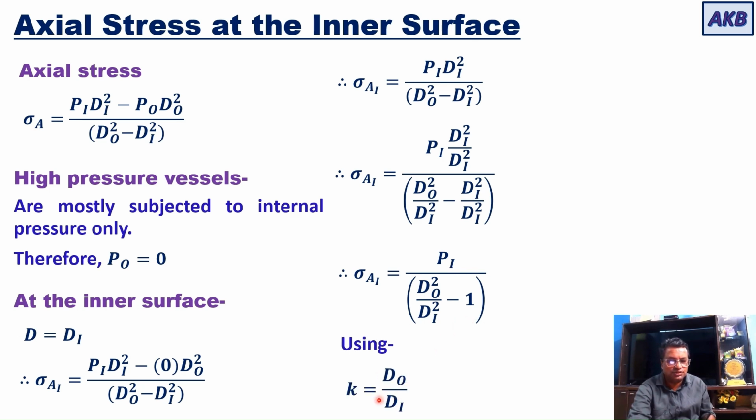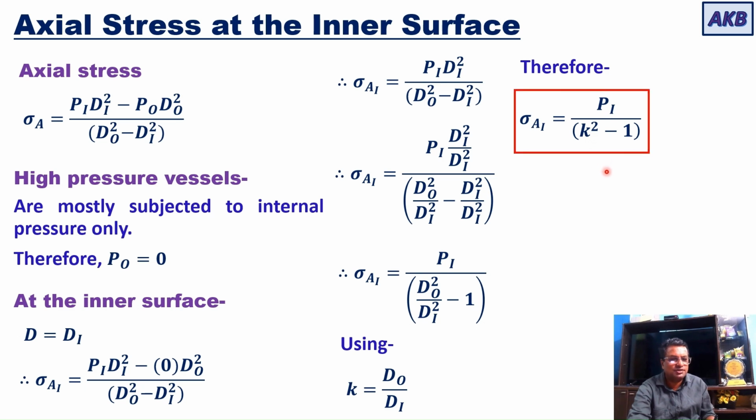And if I use small k to represent do upon di, sigma ai will then be pi upon k square minus 1. So this is the value of axial stress at the inner surface, at the inner diameter.